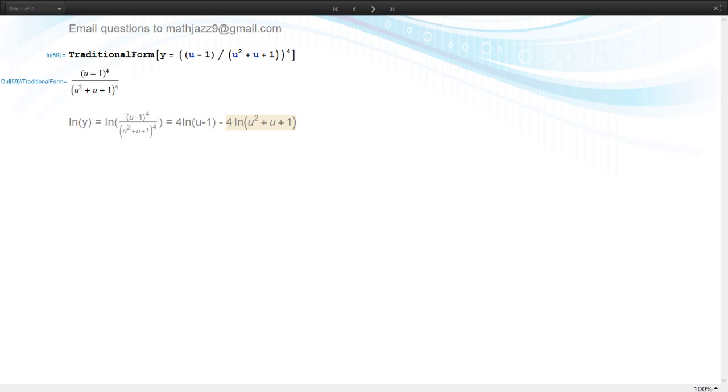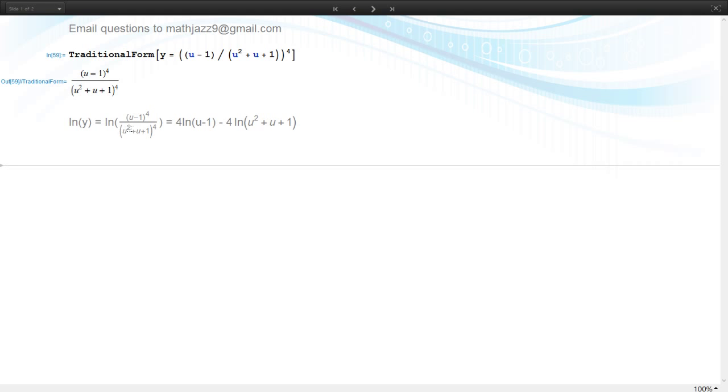I can do this because the numerator is raised to the 4th power. 4 becomes my coefficient, and what was raised to the 4th power is the argument of the natural log.